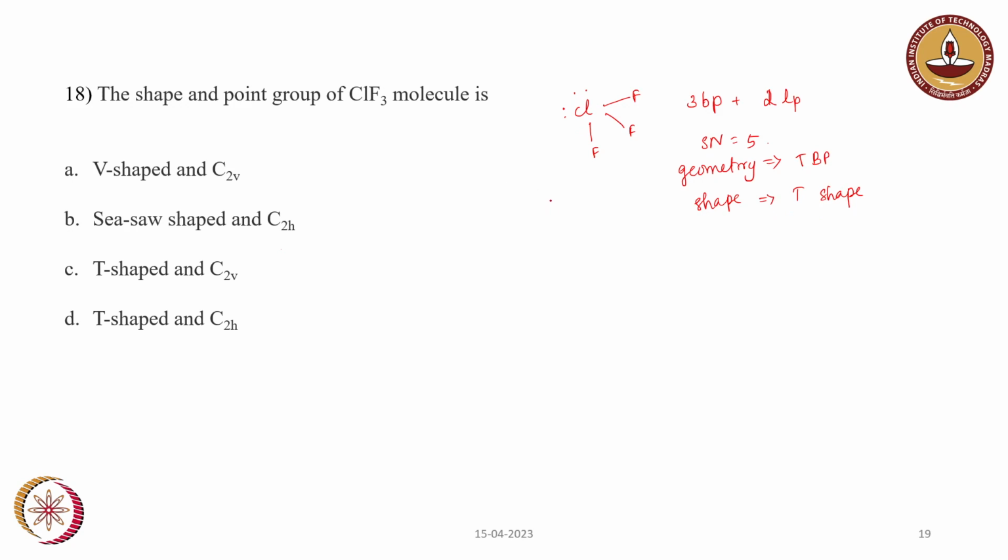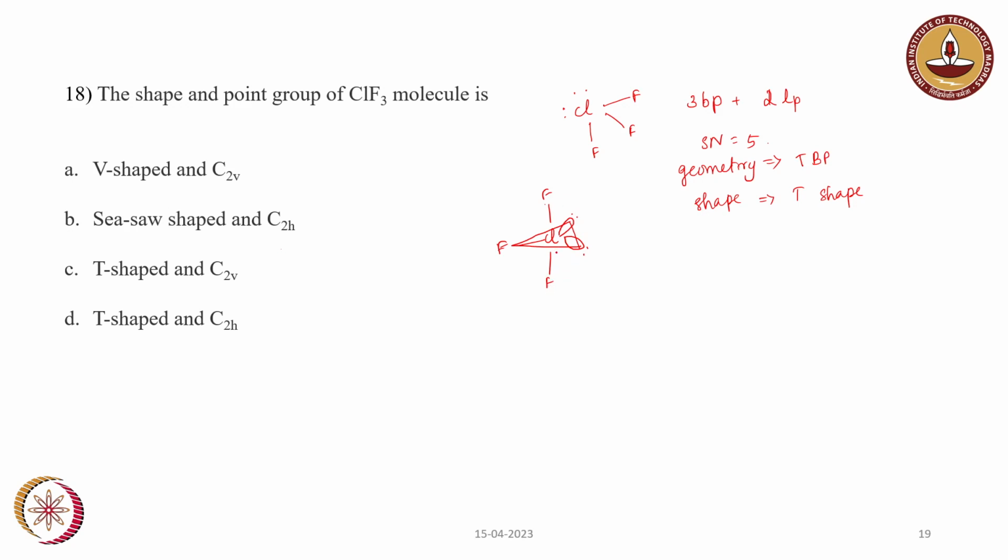So the structure will be: two lone pairs on the equatorial plane, one fluorine on equatorial and two fluorines on axial.